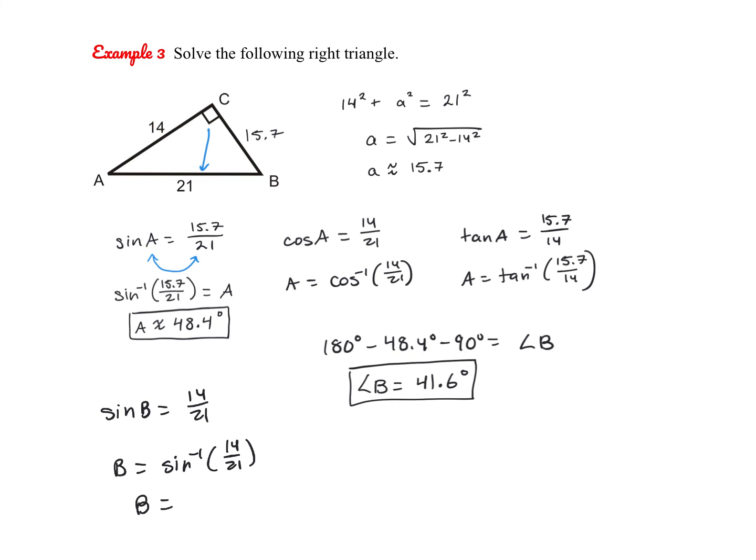And actually, if you round, it's about 41.8. So you could see that the rounding could become an issue with this. So it's very close, but again, once you find one angle, round it, and then do the angle sum to find the last one. But you can see we'll get about the same answer either way.